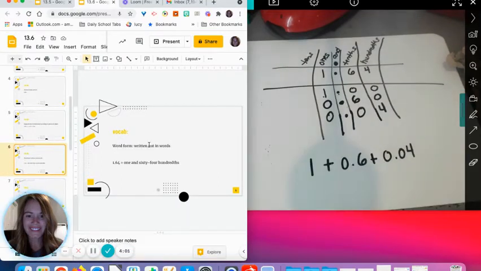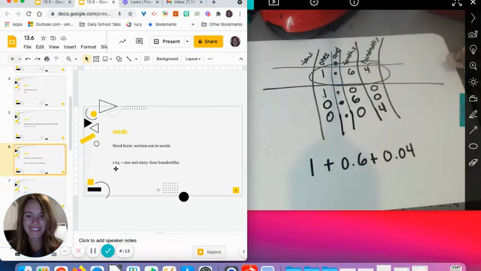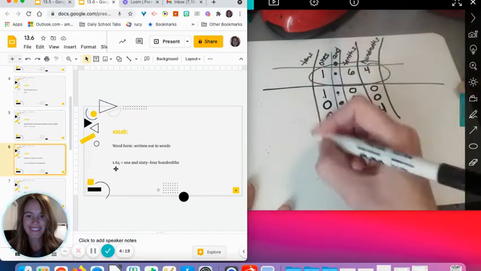Our final form that we're going to talk about today is going to be written in word form. So how we would take this and break it down into word form. So we know that we have one whole. So we would take 1.